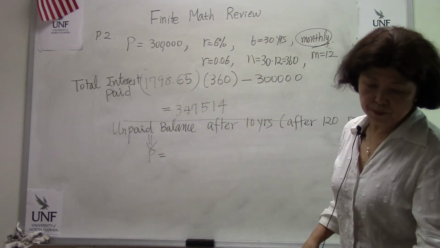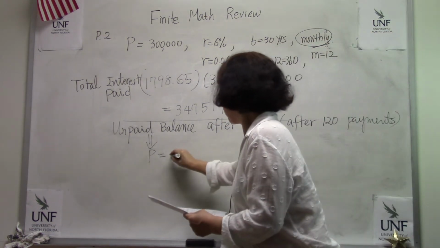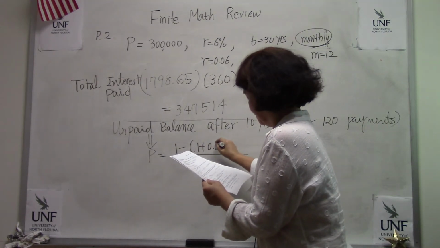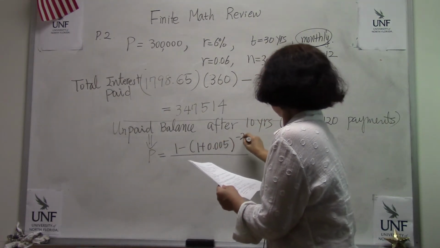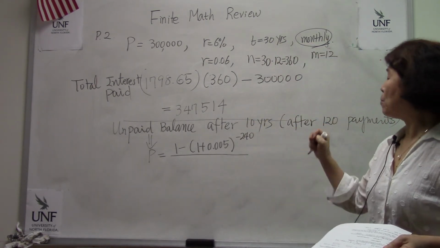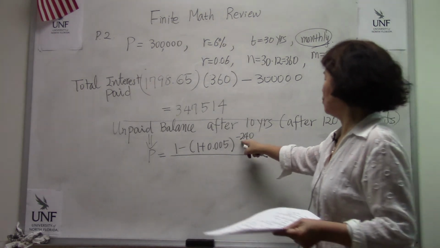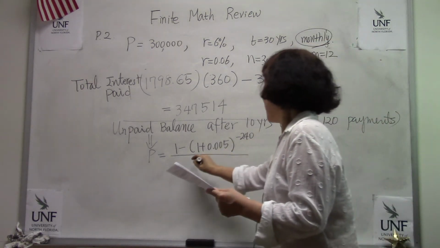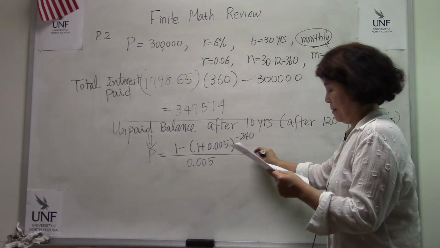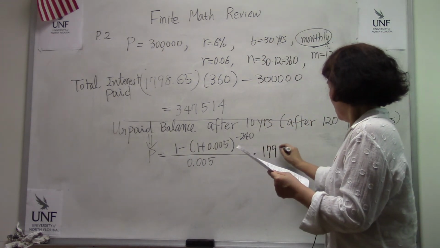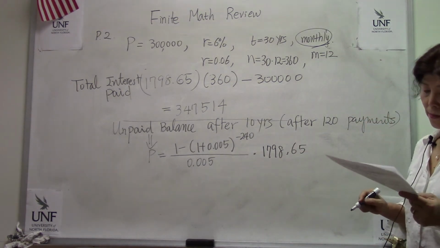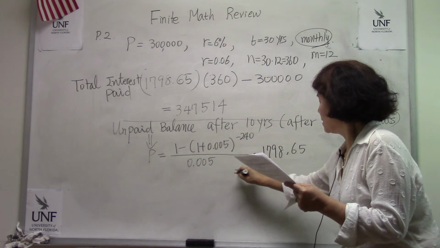Yes, this P is going to be here, 1 minus 1 plus the remaining portion of the mortgage, so that is 240, divided by 0.005, multiplied by the rent.